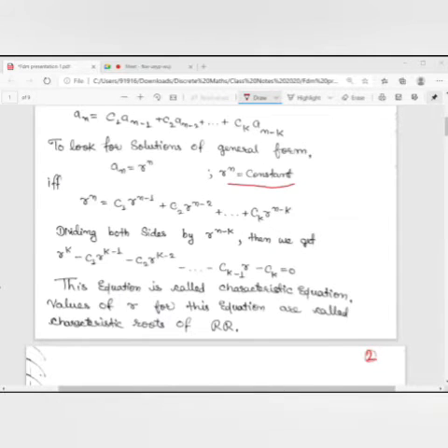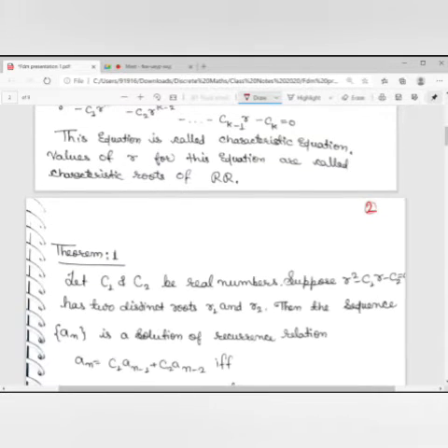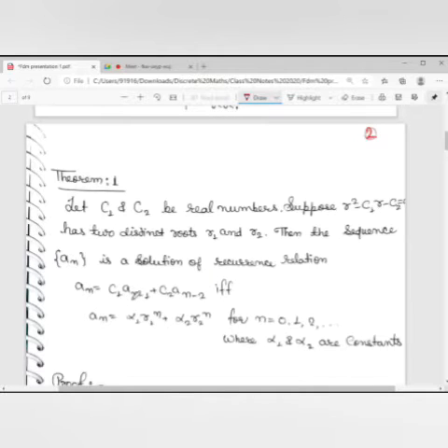Now we will see how to find its solution. Theorem number one states what the result is if we have two distinct roots r1 and r2. Let me read the statement. Let c1 and c2 be real numbers.